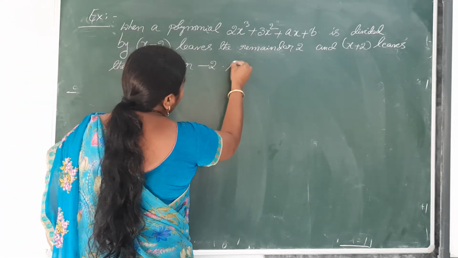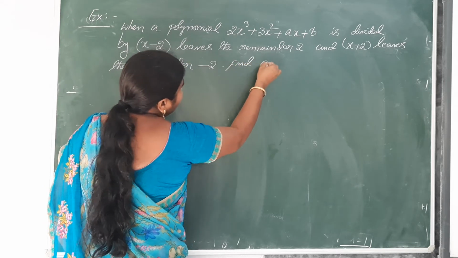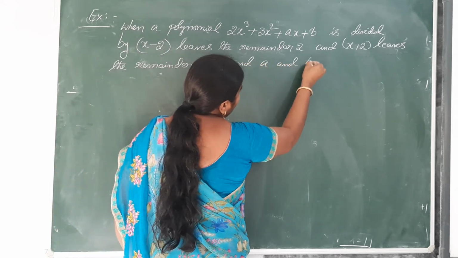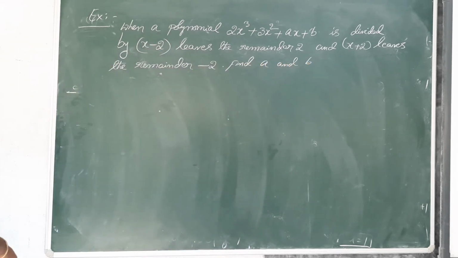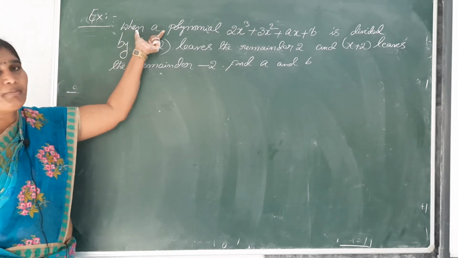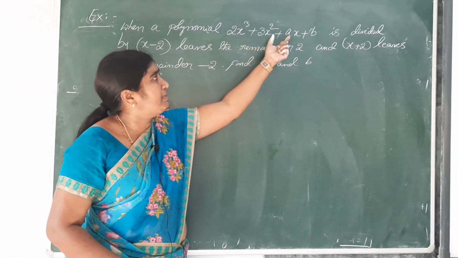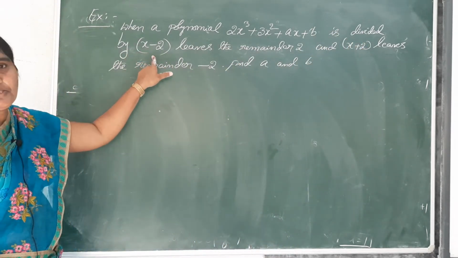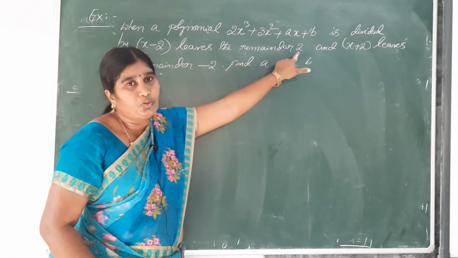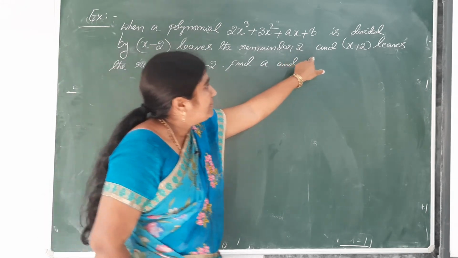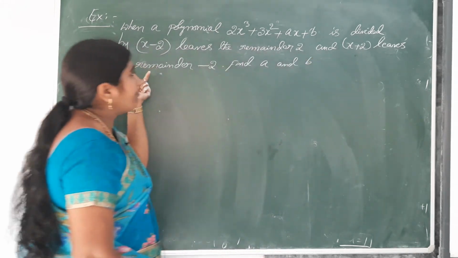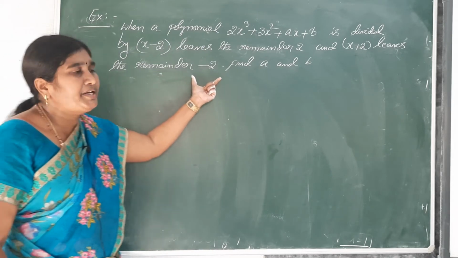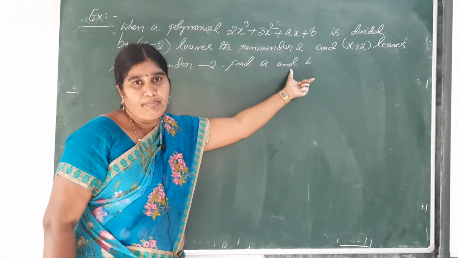Find a and b. First, the polynomial 2x cube plus 3x square plus ax plus b divided by x minus 2 leaves the remainder 2, and divided by x plus 2 leaves the remainder minus 2. Find a and b.